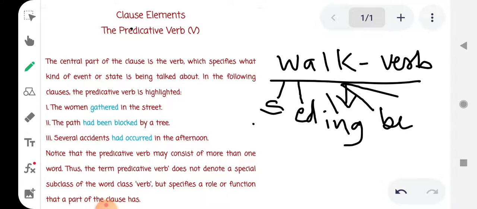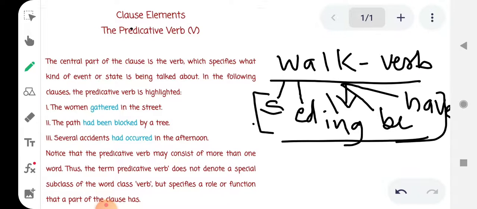Or if it is in the perfect tense, a form of have is used with it. Okay, so changes take place according to these things.